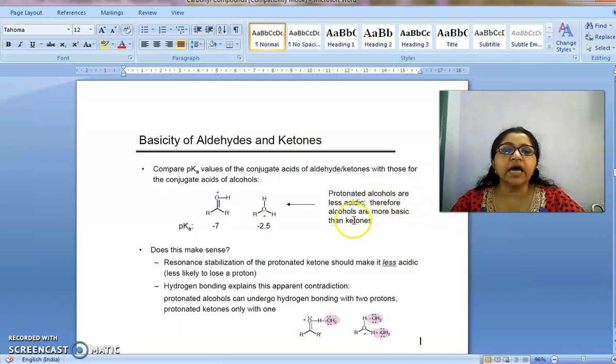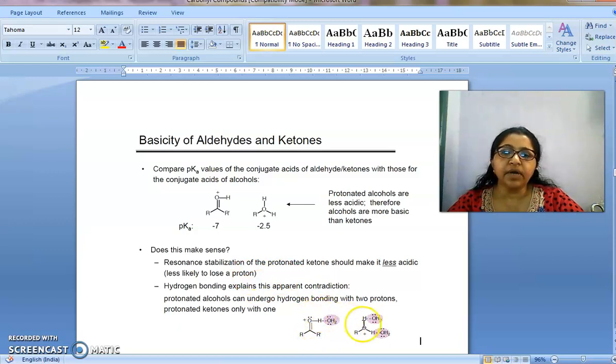You know, the lower the pKa, the stronger the acid. So this pKa is quite low, -7, and this is bigger, -2.5. Therefore, protonated alcohols are less acidic. Therefore, alcohols are more basic than ketones.